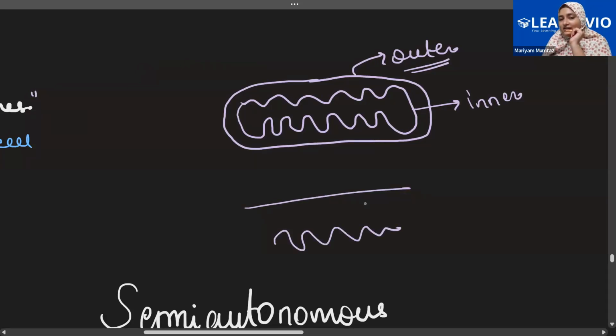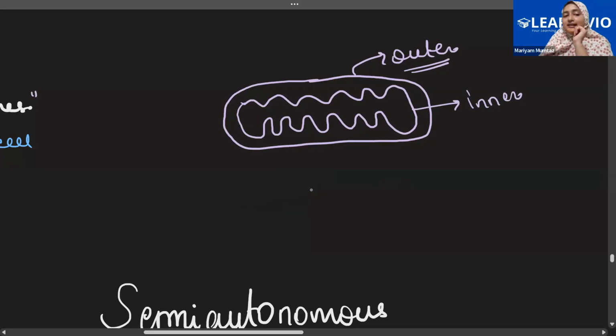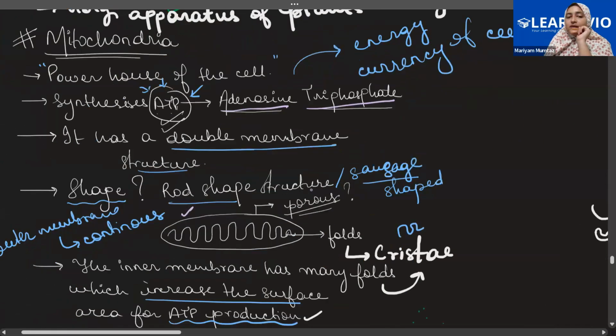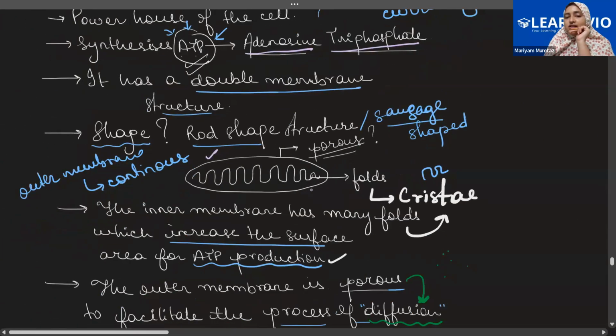Which one is continuous? This one is continuous. Yes, ma'am. So this is the thought process behind it. The outer membrane is continuous, and the inner membrane has folds present. And these folds are what we call cristae. Okay, the name of the folds is cristae.